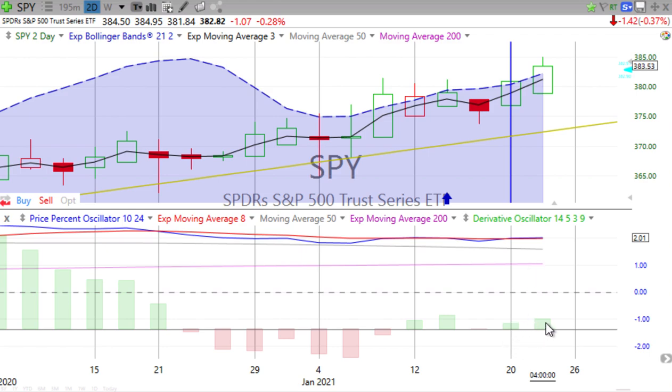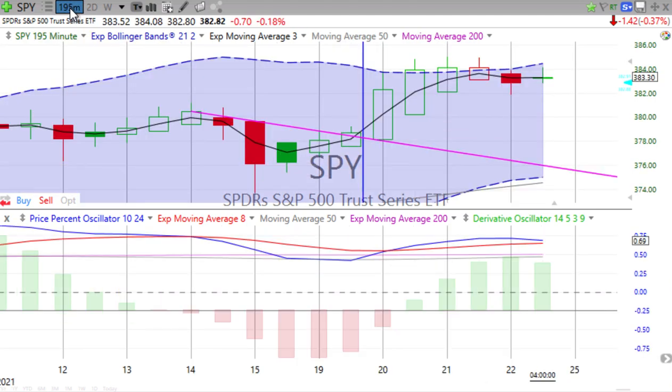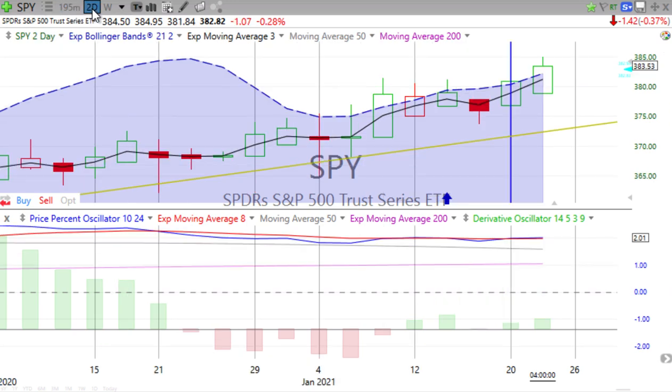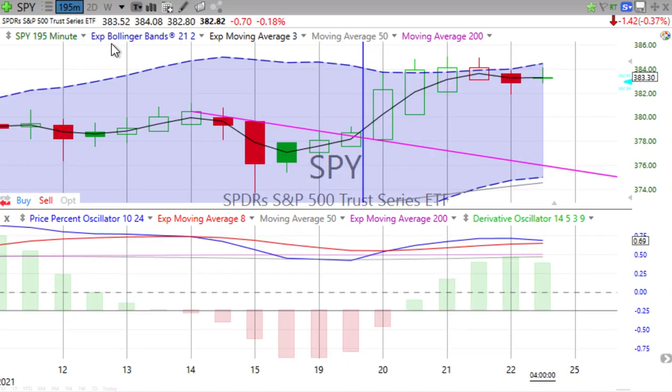Derivative oscillator also gaining a little bit of energy. We see prices well above that weekly trend line. Excuse me. We go from the two-day to the half-day chart. And of course, what do we see there on that half-day chart?